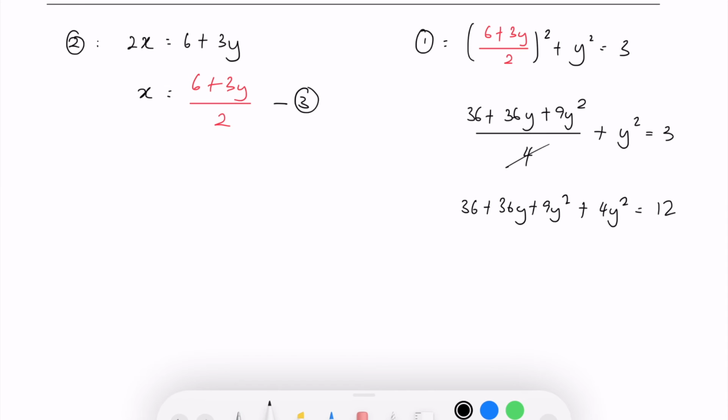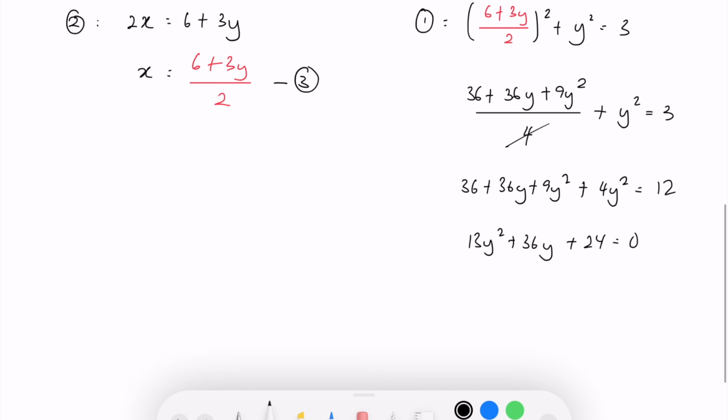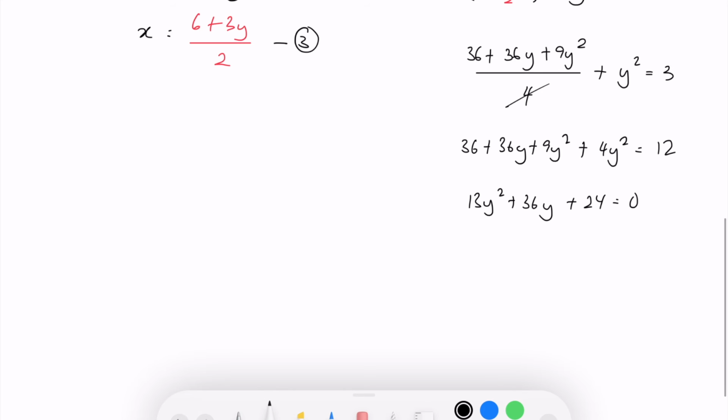I can simplify and rearrange. That's 13y squared plus 36y plus 24 equals 0. Now there's a calculator trick, but regardless of how you do it, you should be able to get what y is. With 36 and 24, you'll have decimals, so you can't use the calculator trick, but you can use the formula.